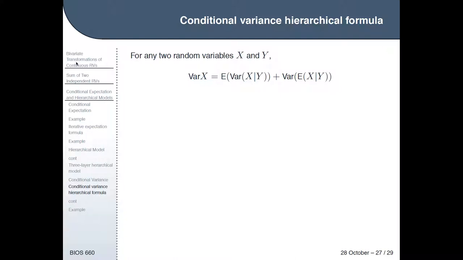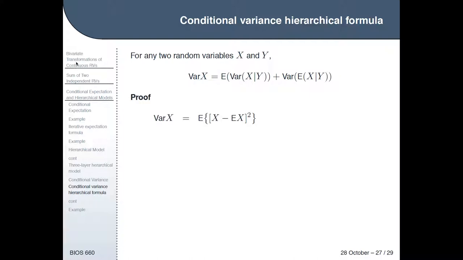It's the sort of thing you may want to put on a formula sheet for a qualifying exam, because sometimes there's some convoluted thing that's impossible to take the variance of unless you use this, but it's not the sort of thing that one can easily remember. And I'll show here in a second that for any random variables x and y, you can always write the variance of x as the expected value of the variance of x given y plus the variance of the expected value of x given y.